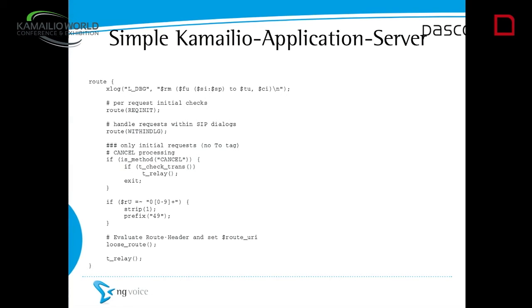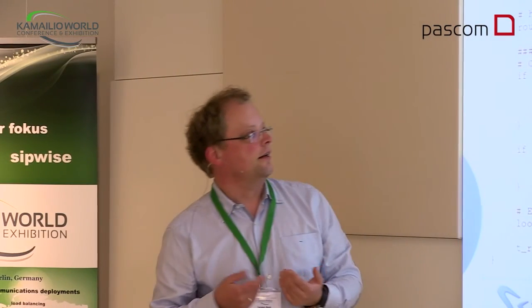And as I said, anything that speaks SIP can be an application server. So I made a really simple application server based on Kamailio, which does, of course, some basic stuff like checking whether the message is valid, all this standard stuff that you would do in a Kamailio.